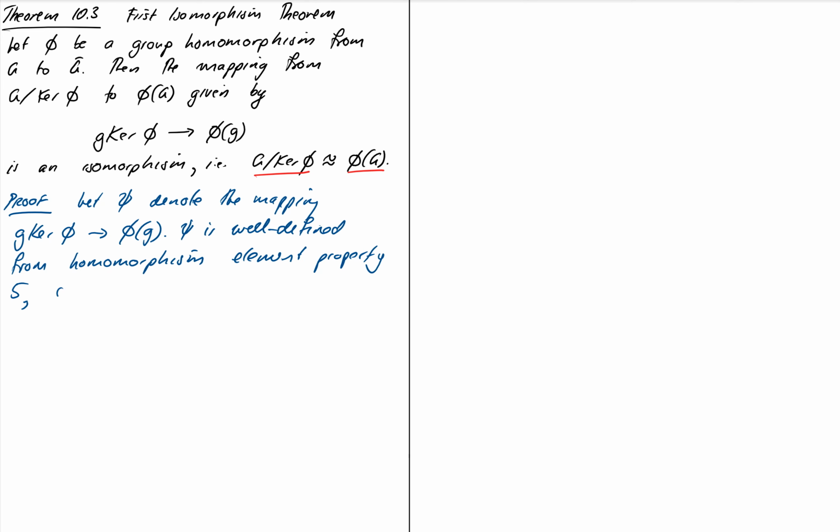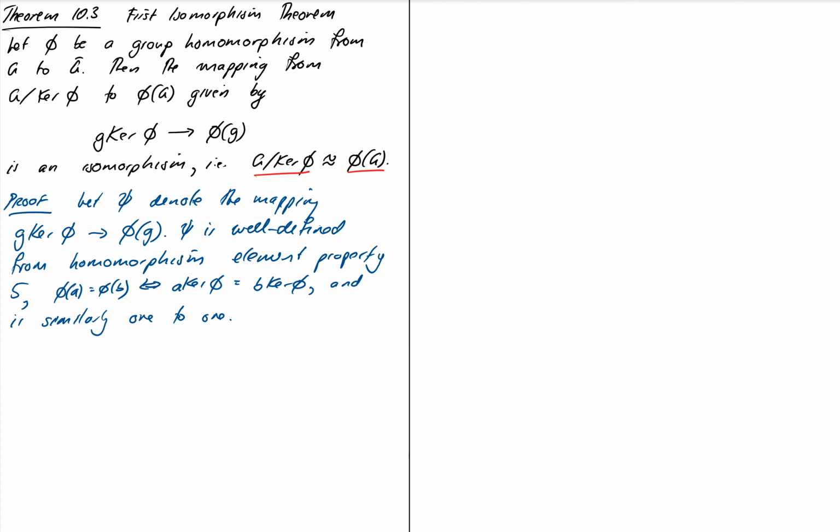Let's make a little note so we remember what that was. That's the one that says phi of a equals phi of b if and only if the two cosets are the same thing: a kernel phi equals b kernel phi. We also get from this argument that psi is one-to-one.